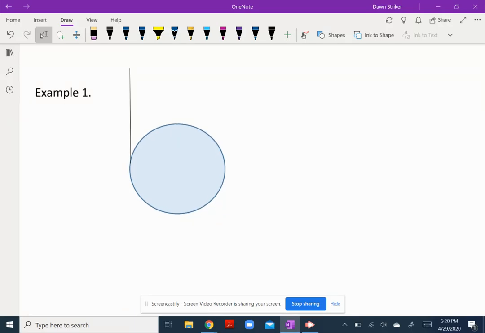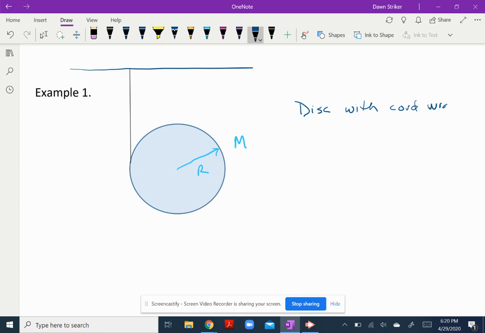Here's an example. So what I have here is a disc. This is a disc with a radius r and a mass m. It's a disc with a cord wrapped around the outside.